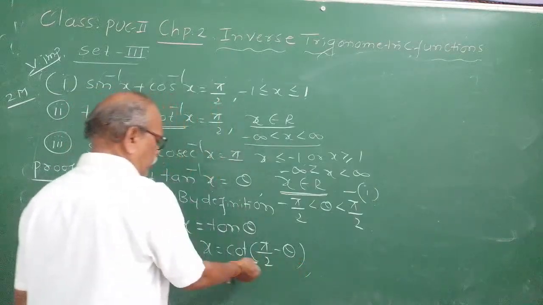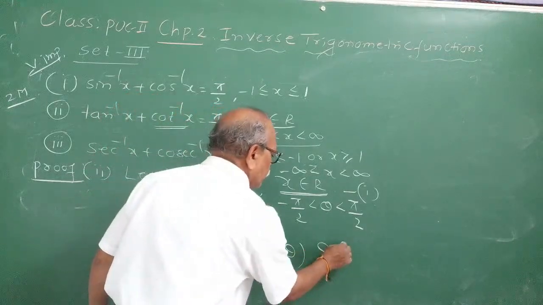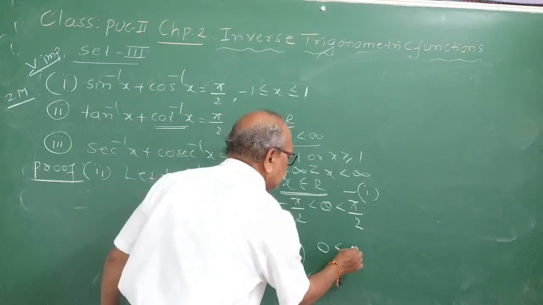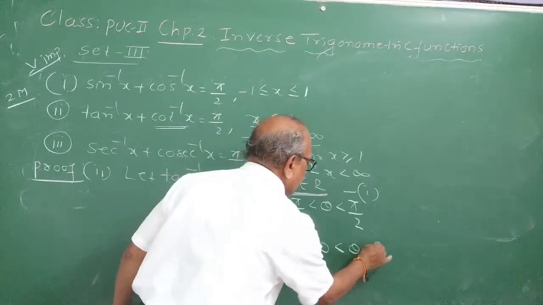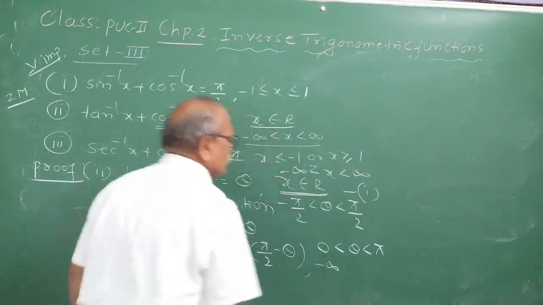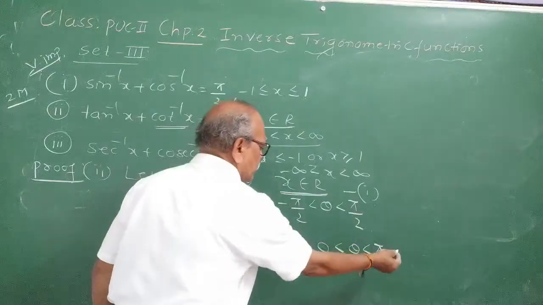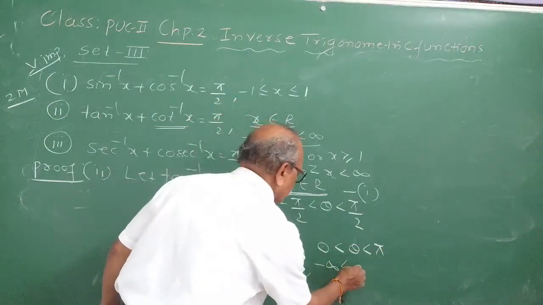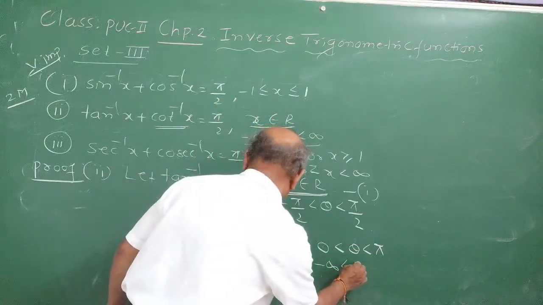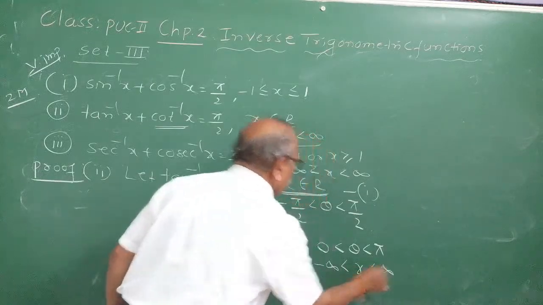What is the restriction for cot here? Cot can lie between what? 0 to pi. 0 is less than theta, theta is less than pi. Because cot 0 is plus infinity, and minus infinity is less than x, x is less than positive infinity.